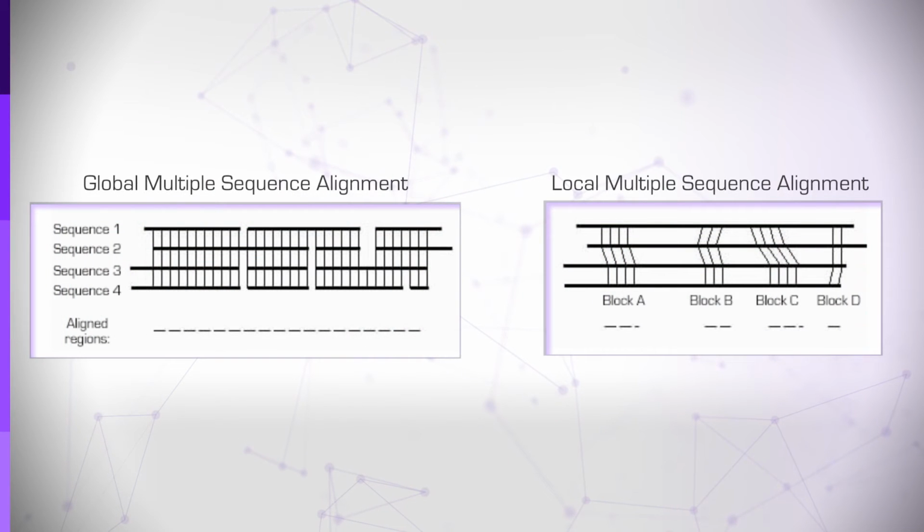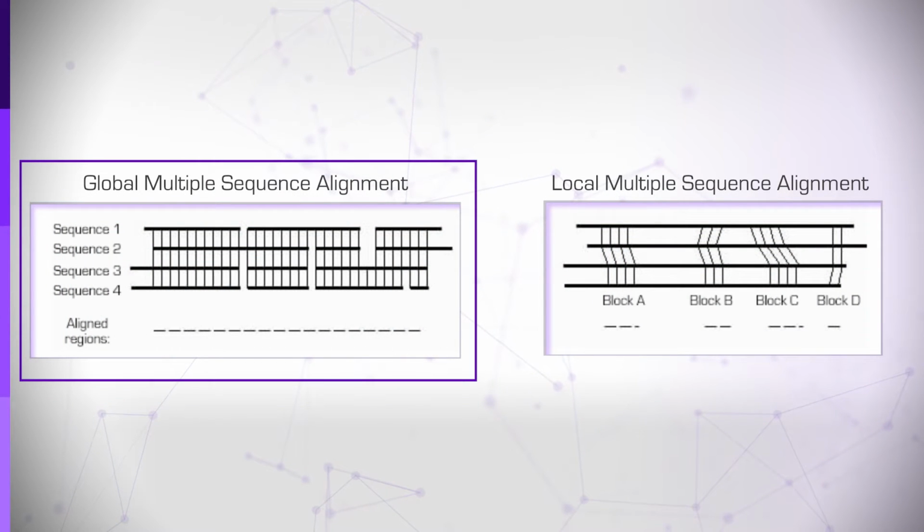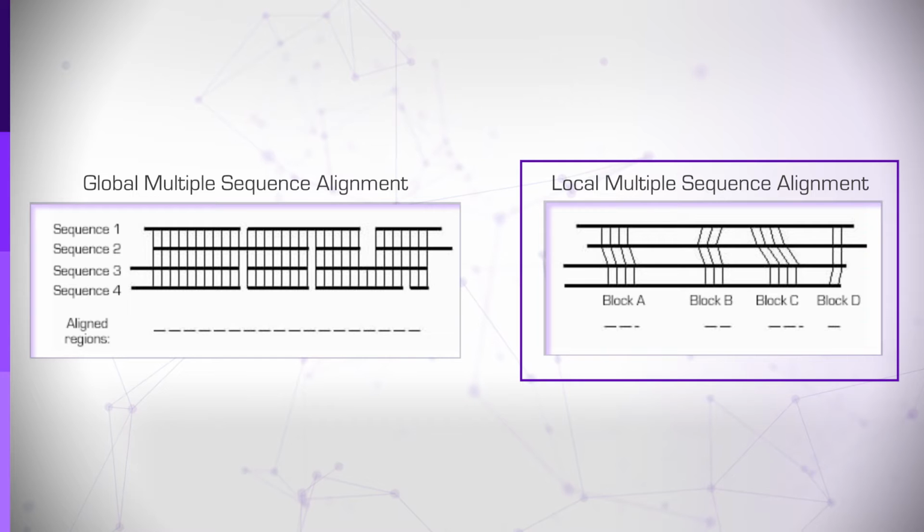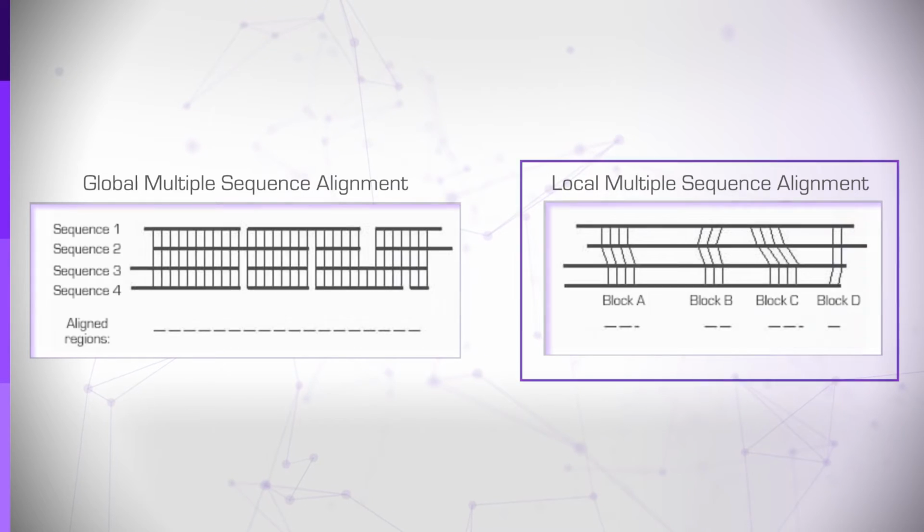Note that we are talking only about global multiple sequence alignment, aligning the sequences along their entire length. Local multiple sequence alignment involves looking for common motifs in multiple sequences, which is a separate challenge that requires different computational tools.